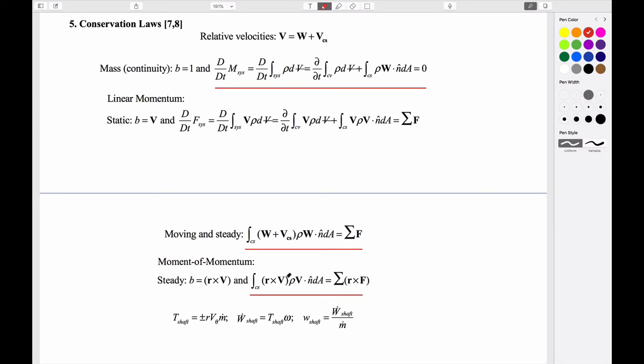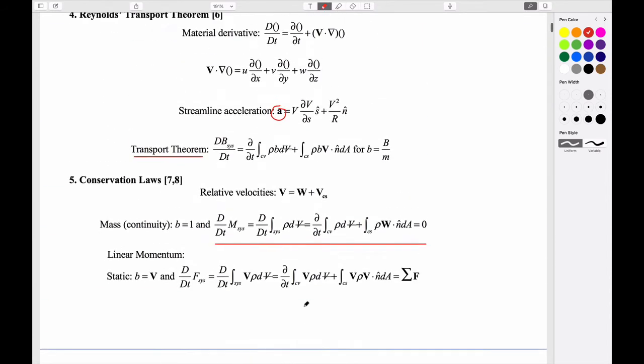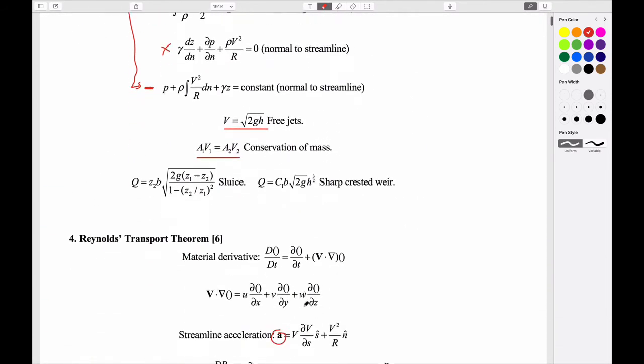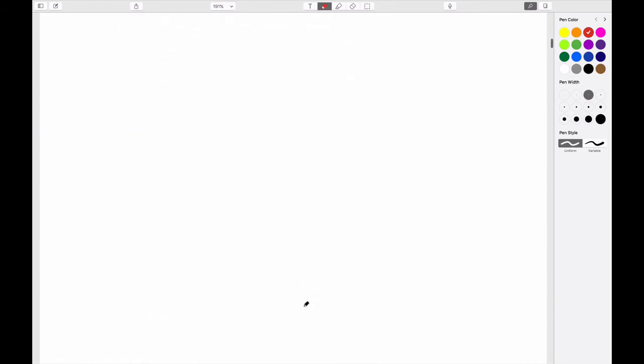So I'm not suggesting that you need these expressions, and also we talked about converting power in these systems from torque and rotational velocities. So I don't know that you necessarily need all these expressions, but certainly the preamble that we had here in the previous red written expressions are the ones that you really need, I think, for the exam.